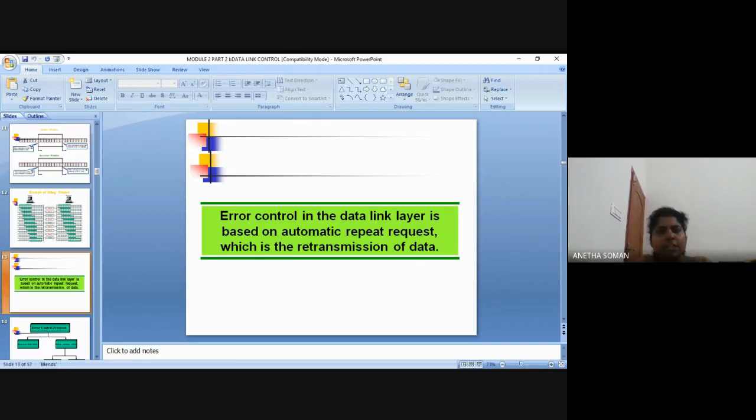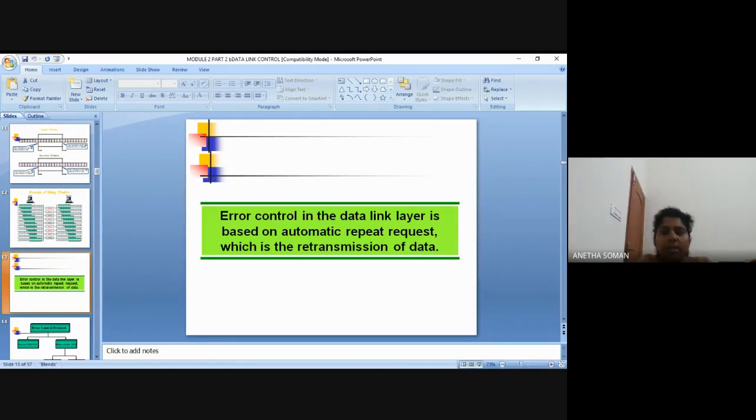Understood? What is the difference between flow control and error control? In flow control, they are not at all worried about the retransmission of data. But error control checks and detects if there is any error, and also how you are able to correct it.